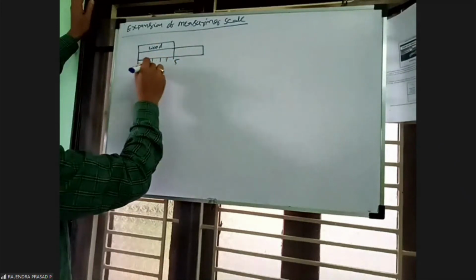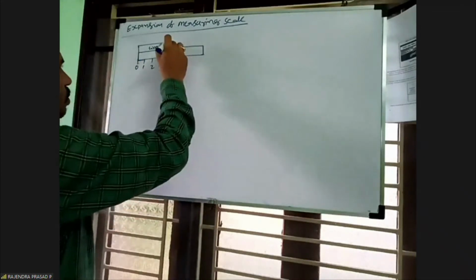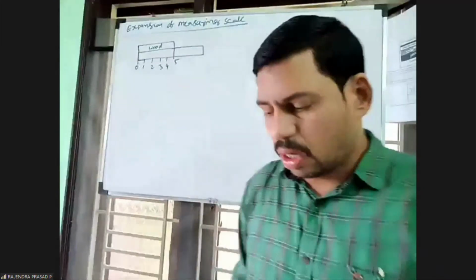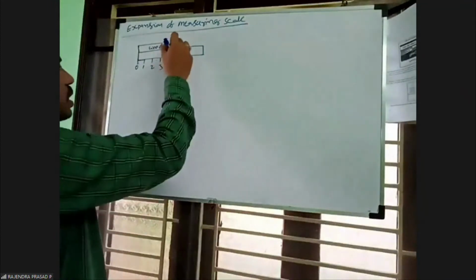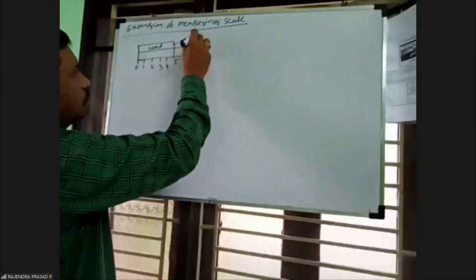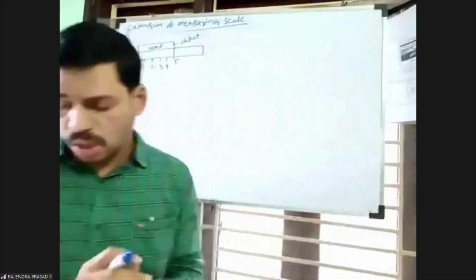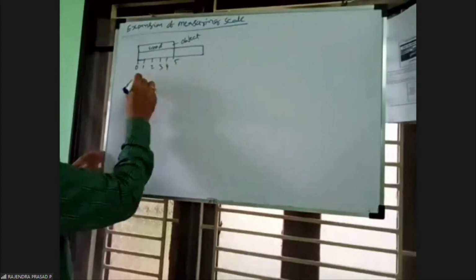This is the scale, and this is the wood. Any wood material is placed as the object, nearer to the scale. The scale is at a temperature of T1 degrees.